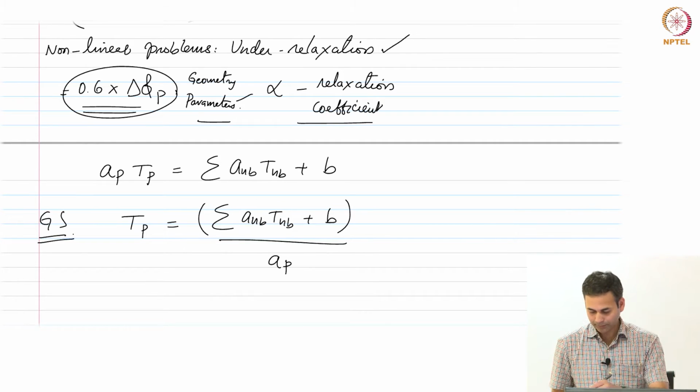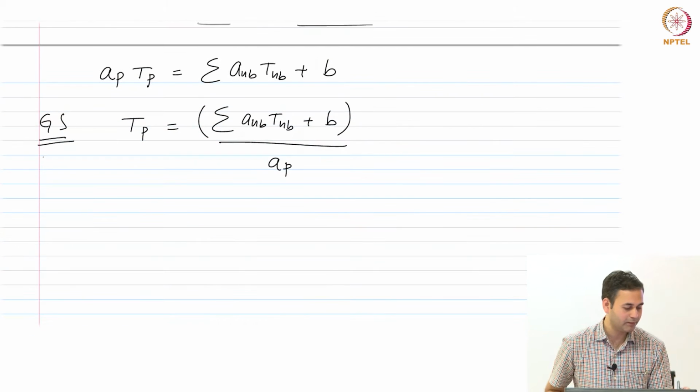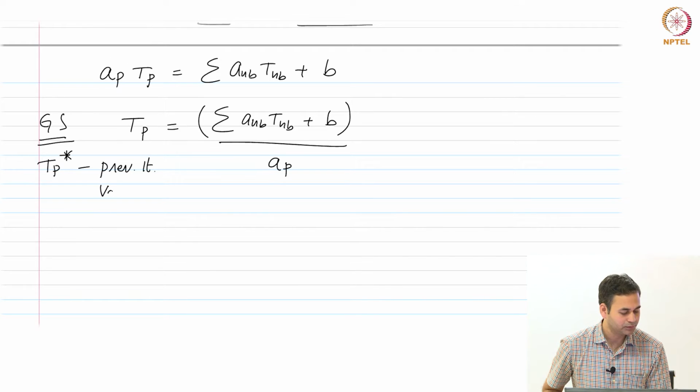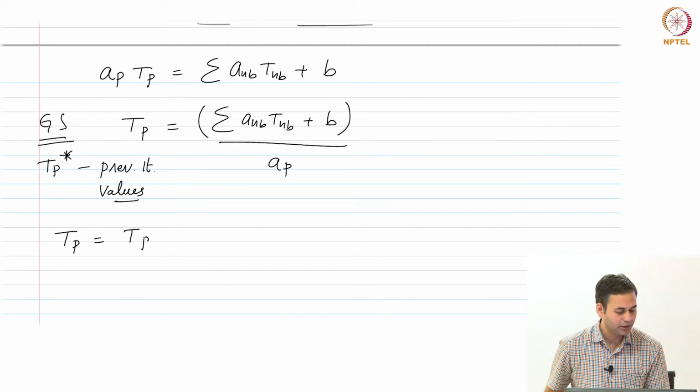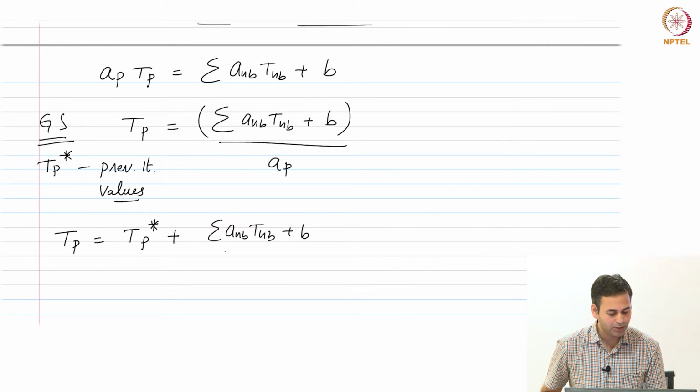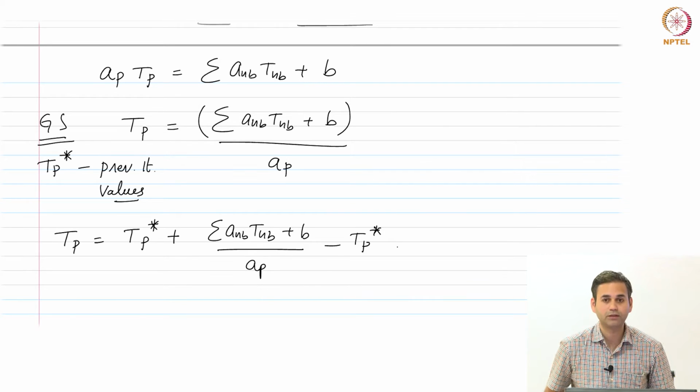Now, if Tp star is my previous iteration value, then I can add and subtract Tp star on the right hand side. So, I would write this equation as Tp equals Tp star plus sigma A nb T nb plus B upon AP minus Tp star. I just added and subtracted Tp star on the right hand side.